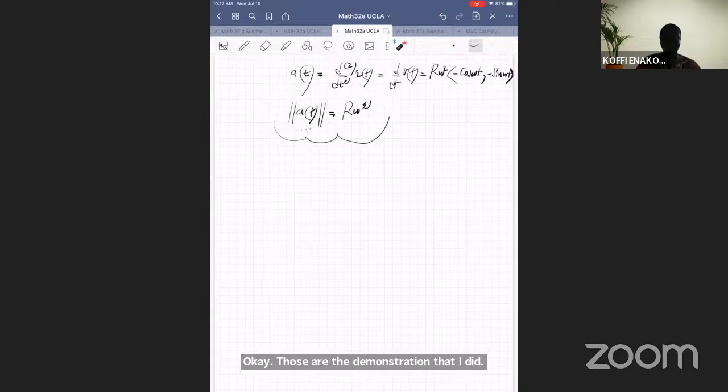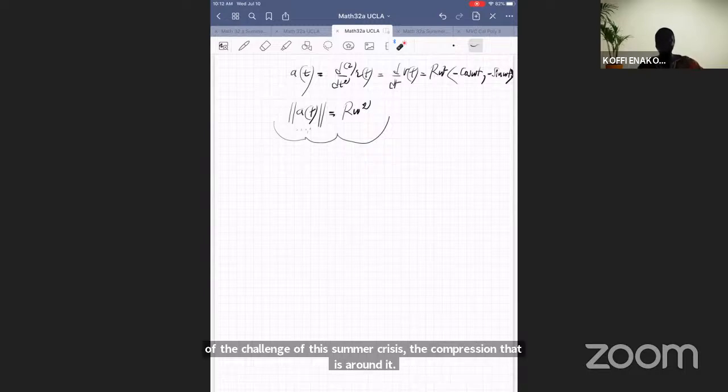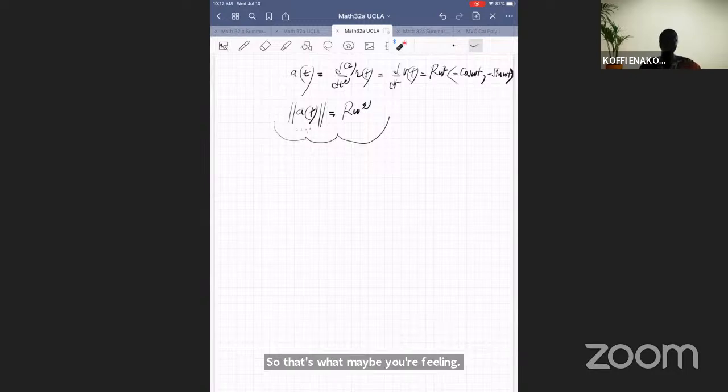Doing my homework assignment, this will become clear. One of the challenges of this summer class is the compression around it. So that's what maybe you're feeling, but I can tell you that other people who took this summer class previously, especially with me, had a lot of benefit doing that, especially working the assignments, and I know you can feel it. As for my friends who are playing games, and it's not the case of everyone here, I can see that you guys are very serious. The ones who are, maybe, challenging themselves by doing multiple things, that's a bad strategy.